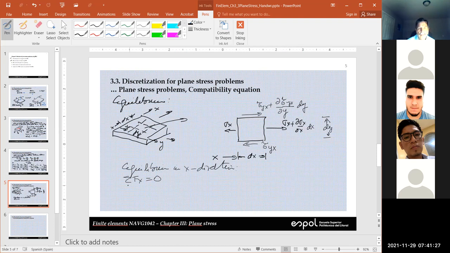Now this one here is sigma x plus the change of that in the x direction. This is stress, so we have to multiply by the area. The length is dy, and in the direction perpendicular to the plane we have the thickness. So this area is equal to t times dy.